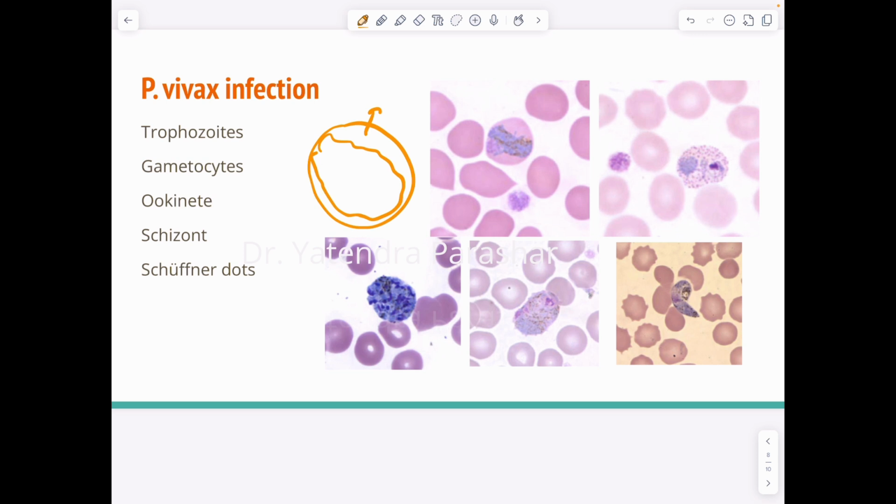The infected red blood cells often show Schüffner dots, which are fine eosinophilic stippling due to alterations in the red cell membrane. Ring forms are usually single per red blood cell. So in this case, a ring form is seen but it is single.